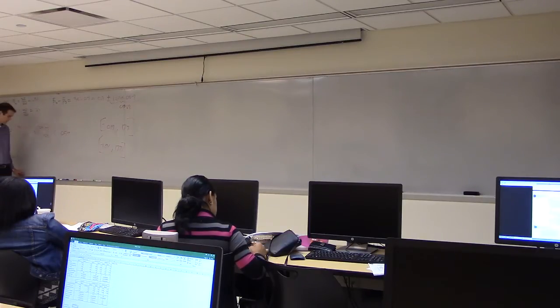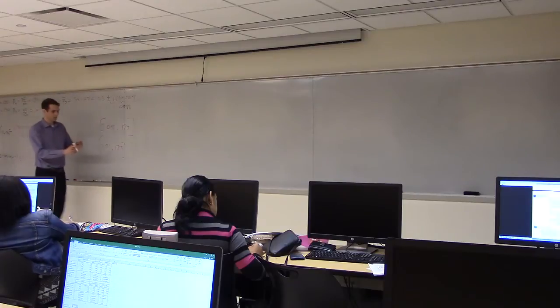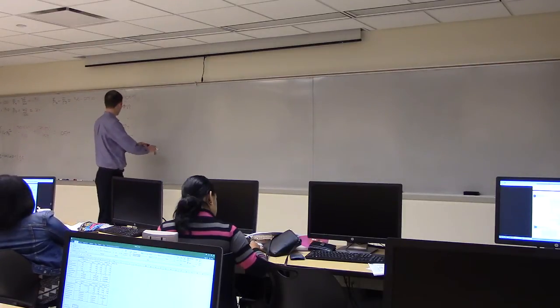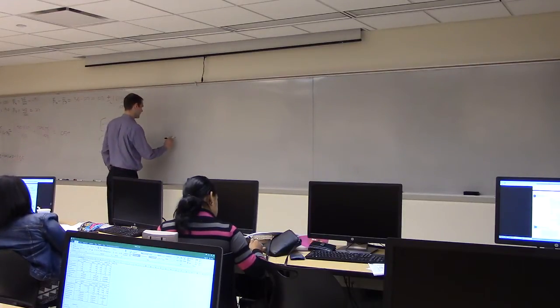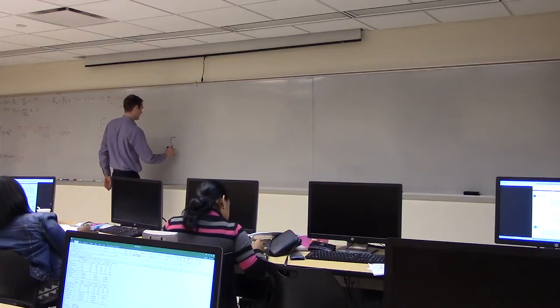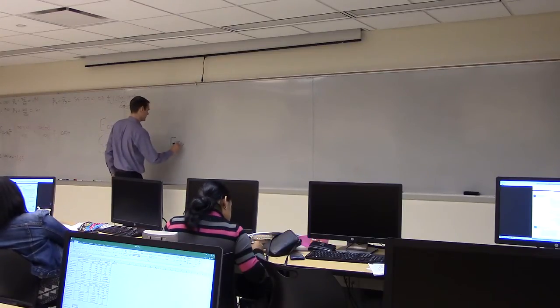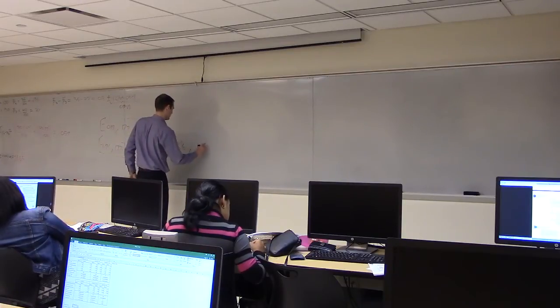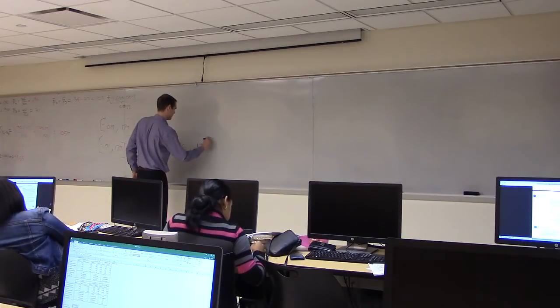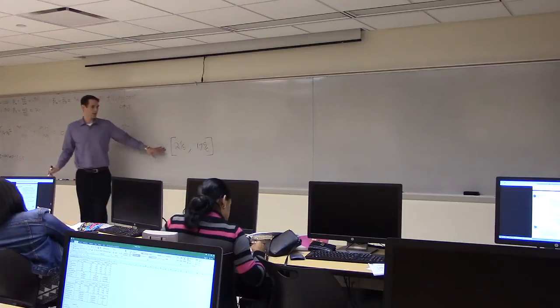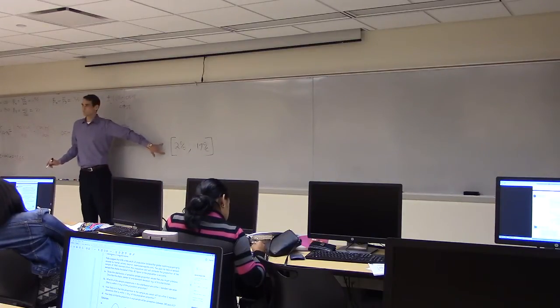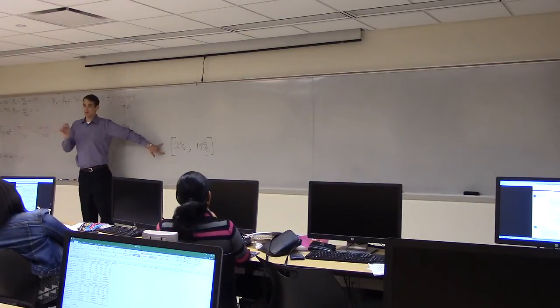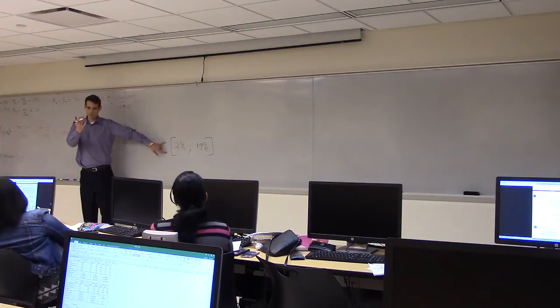So let's do an easy one first. If these numbers were 2% and 19%, suppose that's what they came out to, how would we verbalize that? Yeah, go ahead, John.